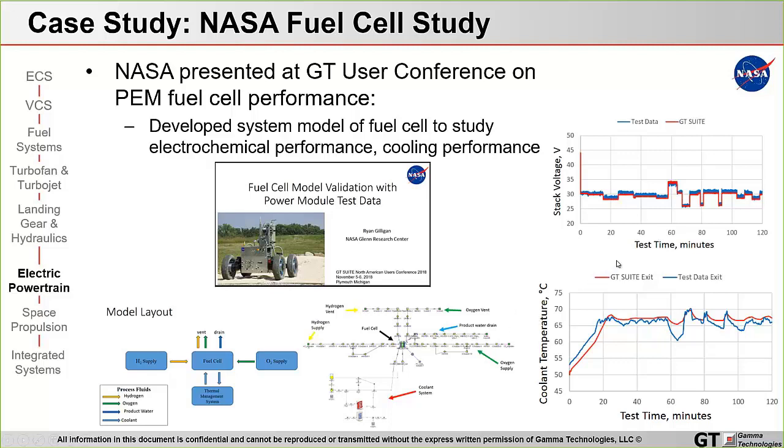Here you can see a comparison of the electrochemical performance, looking at stack voltage inside the fuel cell, and also cooling temperature as a function of time. And here you can see a schematic of the model that has a fuel cell inside, but also a surrounding cooling system, and then the fuel and the oxygen supply that ultimately converts this to electricity and power and so forth.